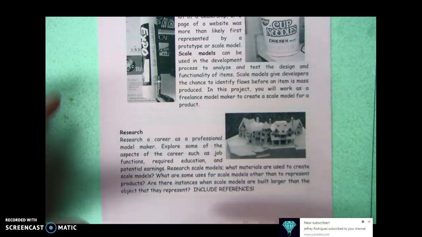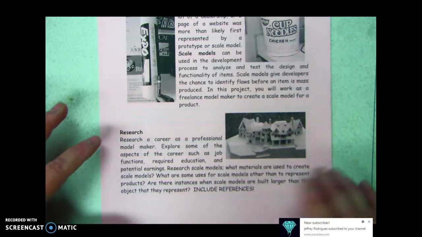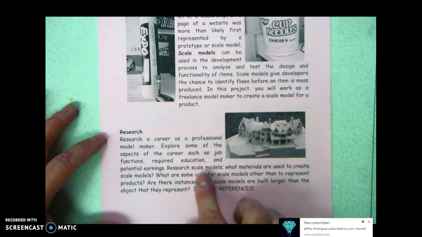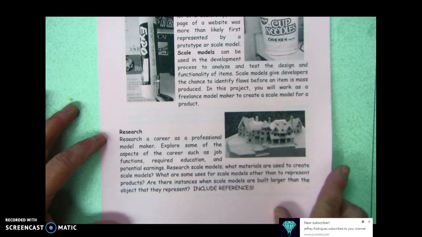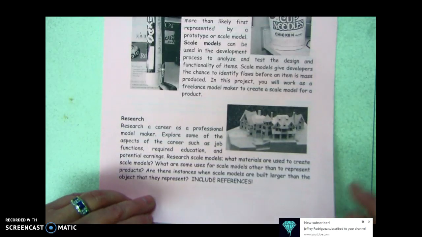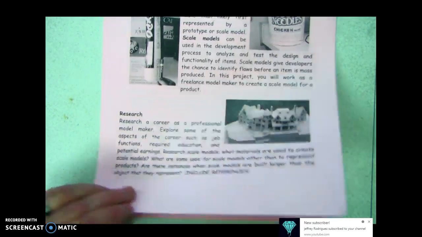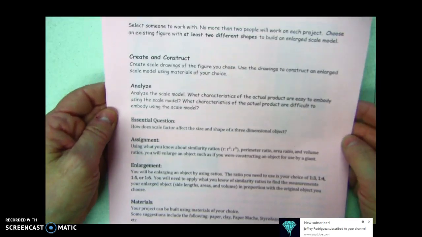You will be looking for scale model makers. Research scale models, and find out what materials are used to create scale models and why they are done. So you're going to get an idea of how this is used in real life. Now, as you are doing that, there is a set of questions that you will be answering.